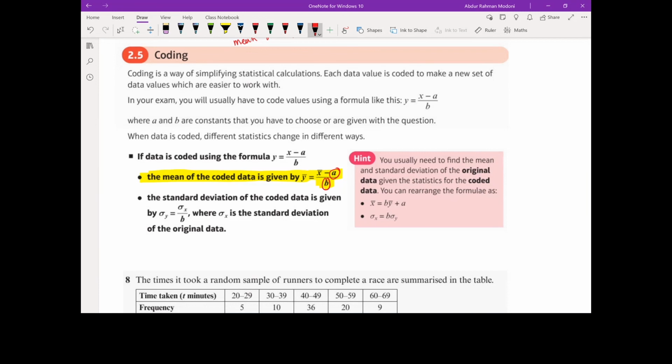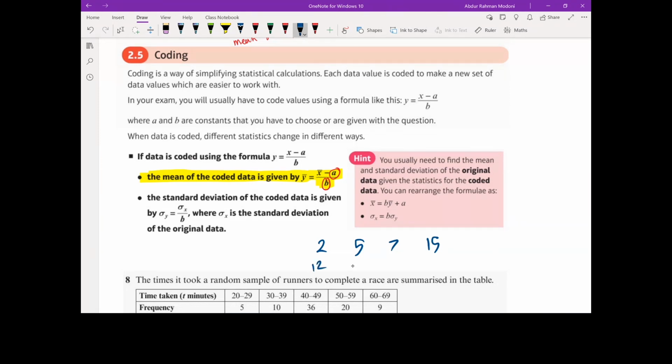Standard deviation, on the other hand, is slightly different. The standard deviation is only affected by multiplication and division. Subtraction doesn't affect it. The reason for that is, suppose I had a range of data such as 2, 5, 7, 15, and suppose I then added 10 to everything.